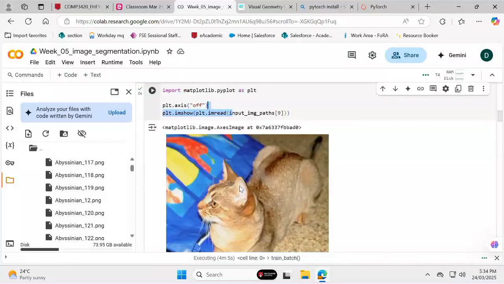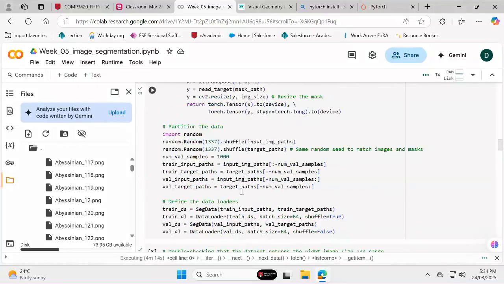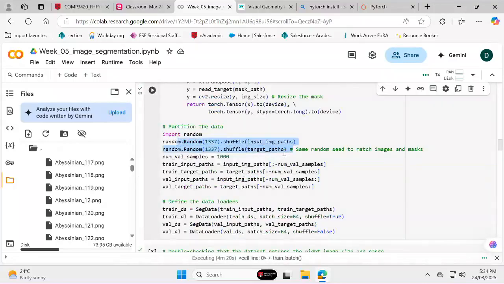Can you tell why? Yes, shuffle. We did a shuffle, somewhere around here. Actually, I didn't know, I thought, what's happening? Until I realized that we have shuffled the variable here, and as a result, now image number 9 is different.